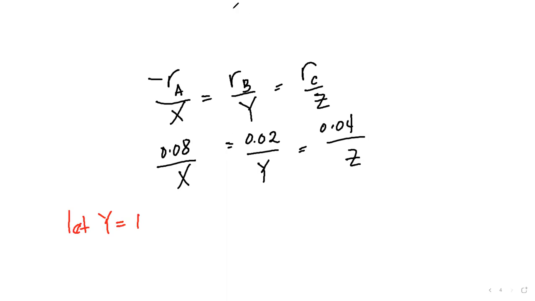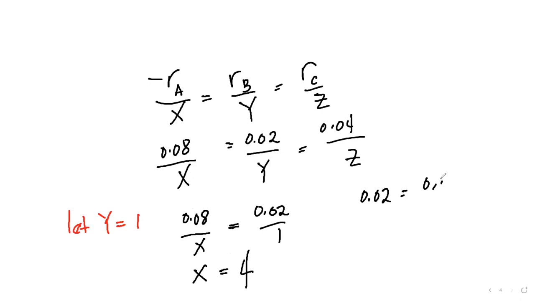So if you let Y equal to 1, you will have 0.08 over X is equal to 0.02 over 1. Telling you that X is equal to? 4. Correct. Now, same thing. So the other two: you have 0.02 is equal to 0.04 over Z. So Z is equal to 2, right?